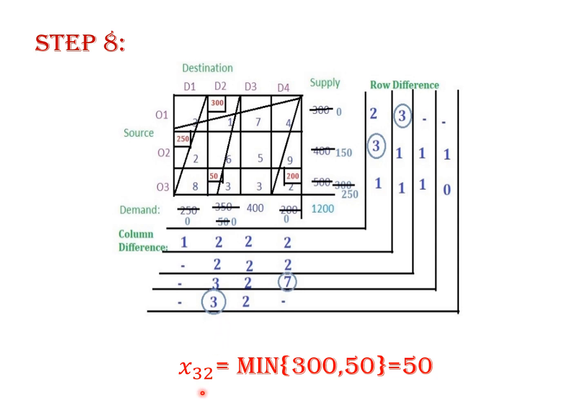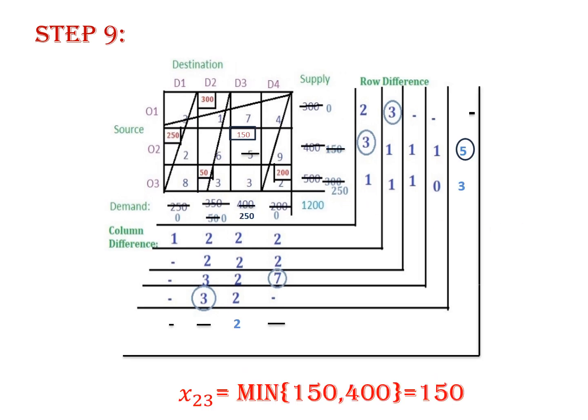We find the value of x32. x32 is equal to minimum of 300, 50, which is equal to 50. We cross the second column. Subtract 50 from 300. The remaining value is 250.